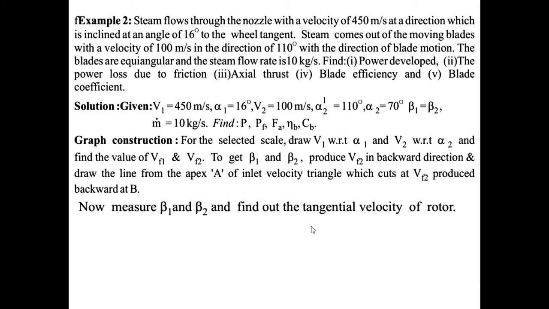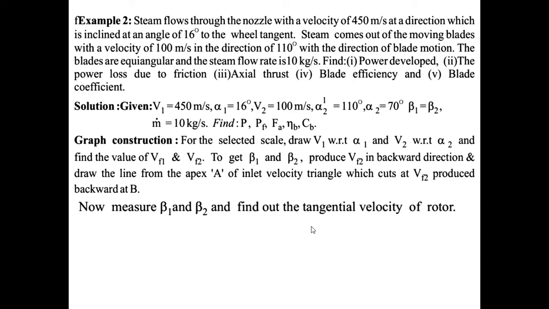Yes, sir. Next sentence: steam comes out of the moving blades. Steam can come out of the moving blades either by V2 as in the earlier case or by VR2, tangent to the blade outlet. But how is it coming out? It is coming out from the moving blades with a velocity of 100 meter per second.